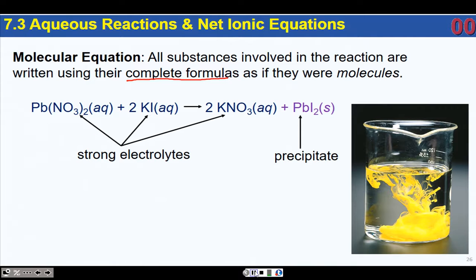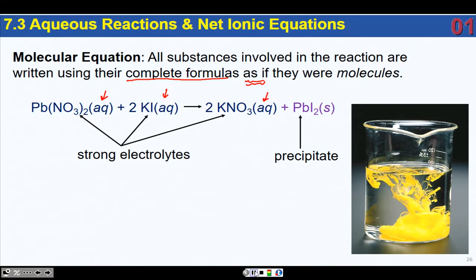And so we write the lead nitrate and the potassium iodide as if they were actually side by side, when in fact aqueous ions are not exactly that way, but we're writing them as though they are molecules. And the first product here is potassium nitrate, which is again also aqueous, but as if they were molecules. We call this a molecular equation.